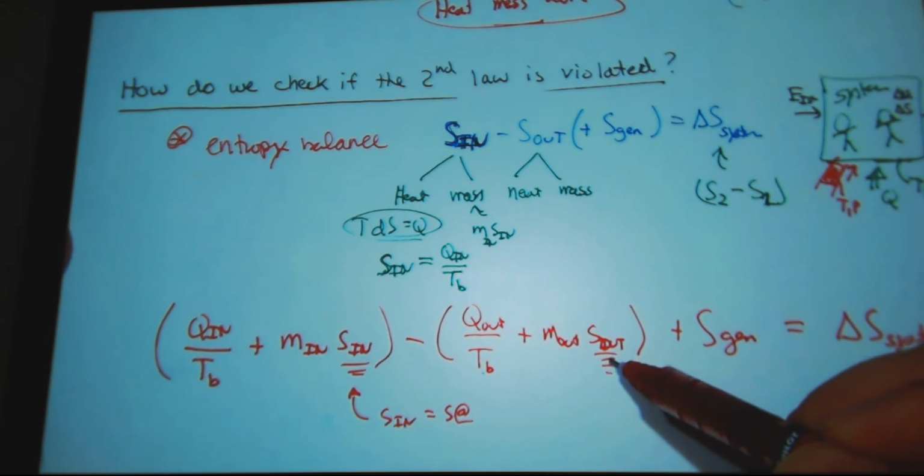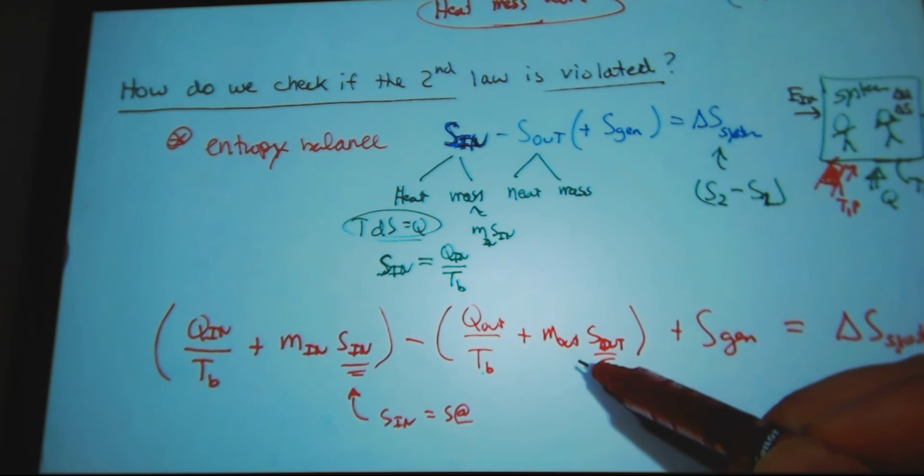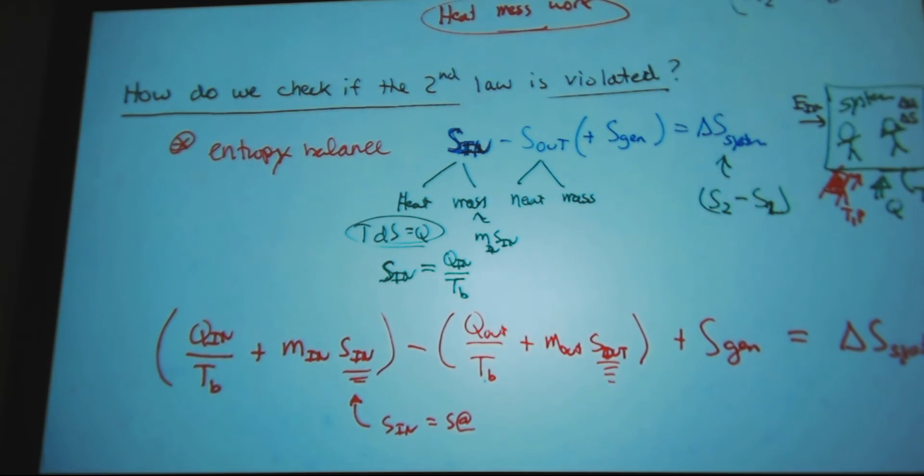Likewise, if I know the temperature and pressure and the type of mass leaving, then I know the entropy per unit mass. Well, I don't really know, but somebody did a lot of work for me and tabulated all this stuff for most materials.